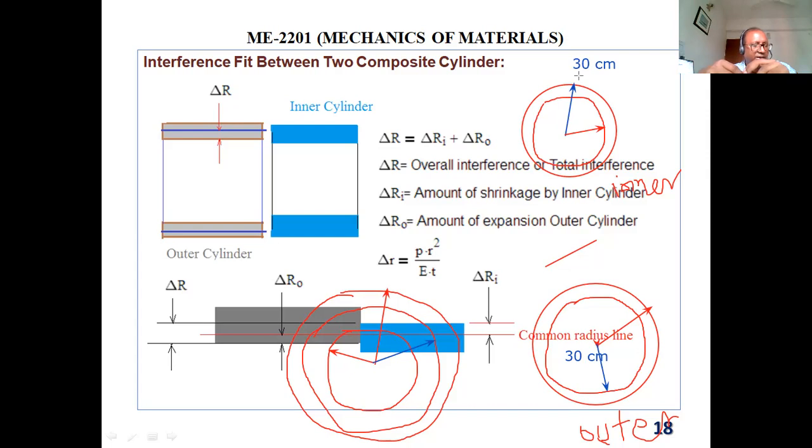But what will happen at the surface? They will slide because both have the same diameter. And even then, if you say make it 30, they cannot make it exactly 30 centimeter. They might be able to make it 29.98. If you measure at another place, your radius might come 30.05, right?